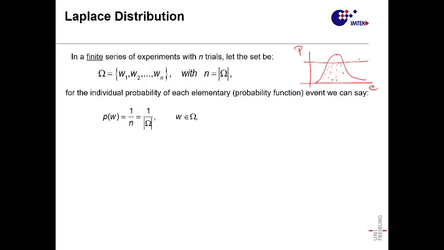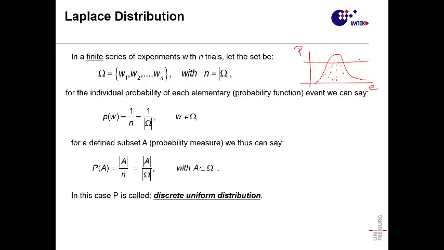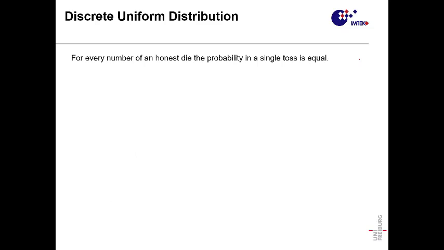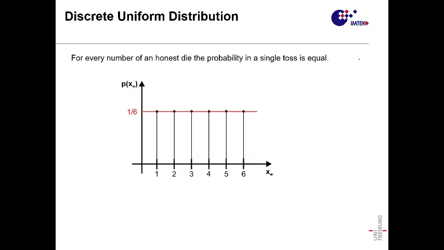Okay? So basically in our dice, they all have the same probability to happen, which is 1/6. This is what I'm saying here. The Laplace distribution is also called the discrete uniform distribution because it's uniformly distributed. It's discrete because you have 6 events to happen. It's not continuous. We will go through distributions later. But this is basically what I want to show you.